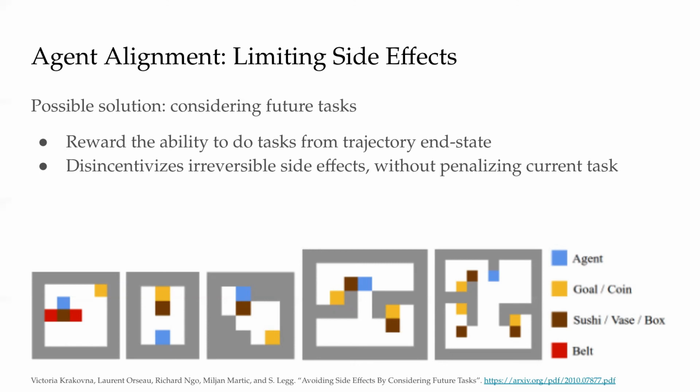These are Sokoban-type environments where you can only push the boxes. Instead, it goes around and pushes the box over here to get to the coin, so the box remains movable. Here, the agent doesn't push the box to the wall where it's immovable, and it incentivizes the agent to keep as many states open as possible while completing the action.